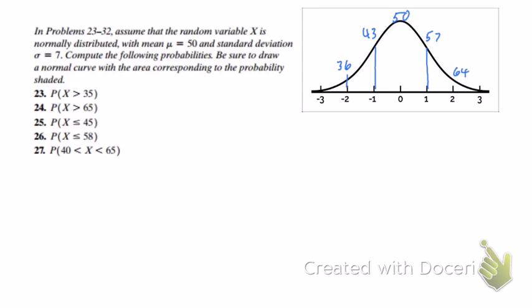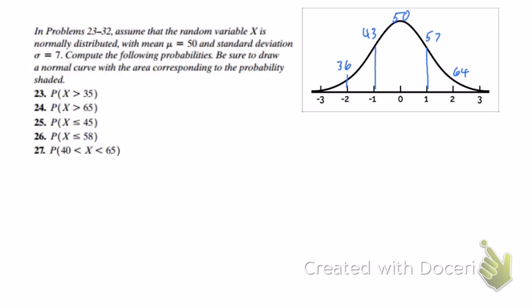Doesn't have any width, so I can't get the area of equal to. So if they wanted the probability of exactly 58, you're going to have to say, I don't know. So if you're going to the right, you do 1 minus the number you get, and if you're going to the left, then you just use the number you get. Correct. And if you have the equal sign, it's not going to affect it at all in this. Yeah, it's kind of weird.